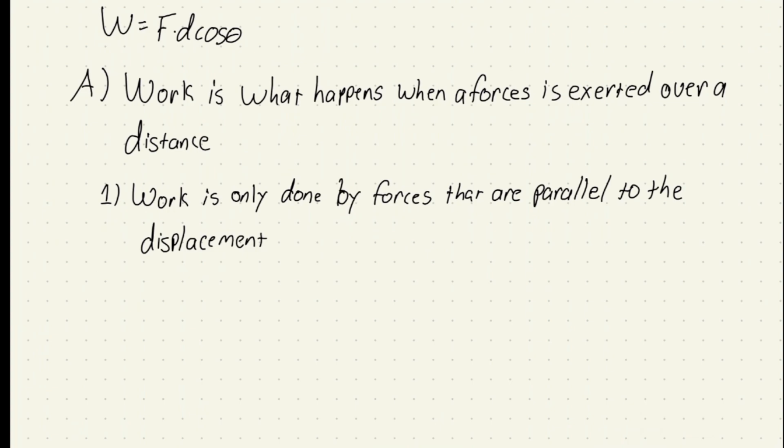For instance, if I were to push up on an object while it was moving side to side, and so our displacement vector is this way, and my force vector that I'm pushing is upwards, then these are perpendicular to each other, and so no work will be done, because there's no component of that force vector that's parallel to the displacement vector.